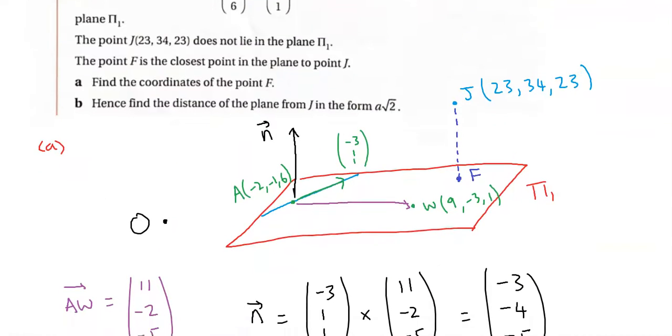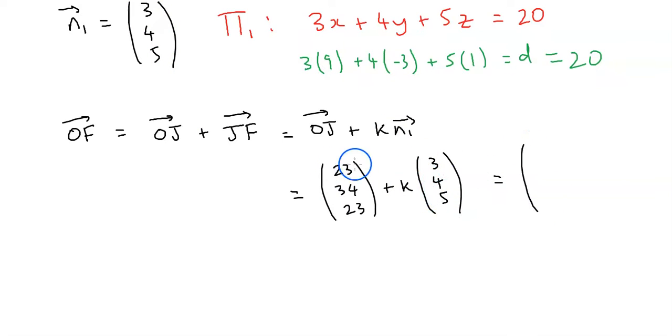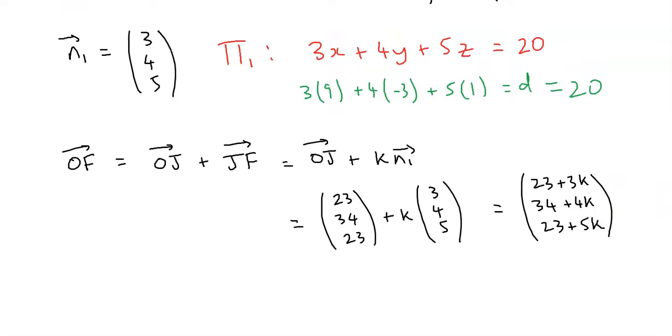Now OJ was (23, 34, 23) plus k times n1, so that's (3, 4, 5). So to simplify that completely, it's 23 plus 3k, 34 plus 4k, and 23 plus 5k. So in other words, the point F has coordinates (23 plus 3k, 34 plus 4k, 23 plus 5k).